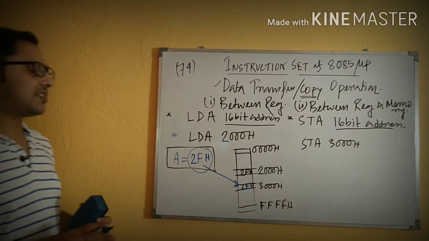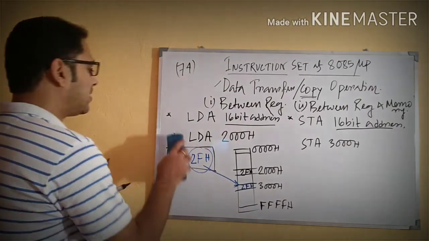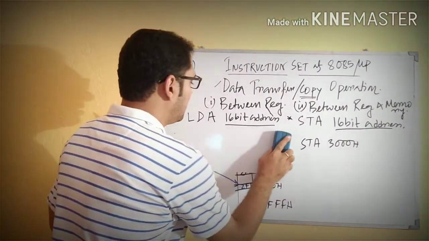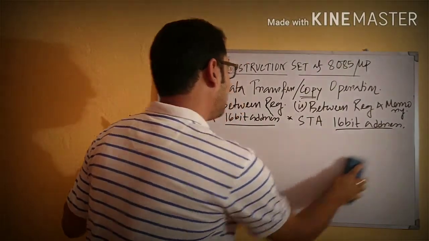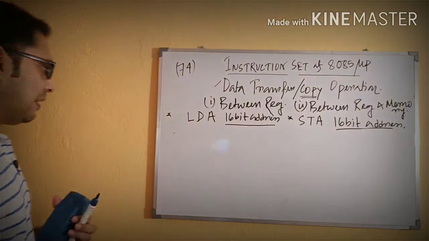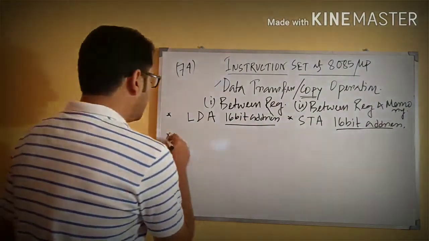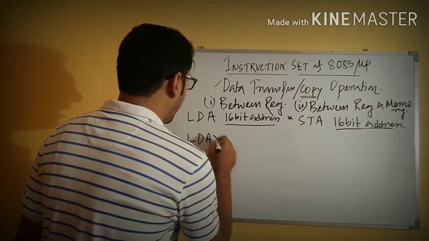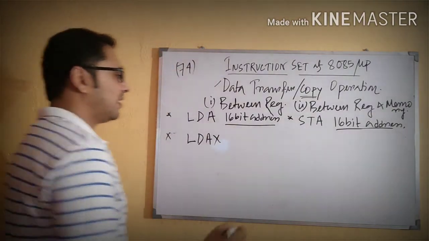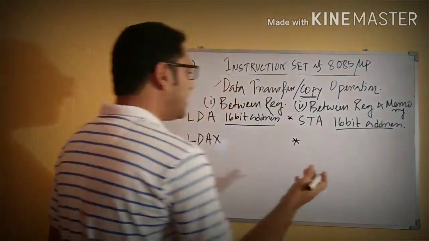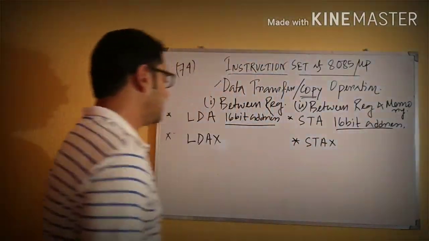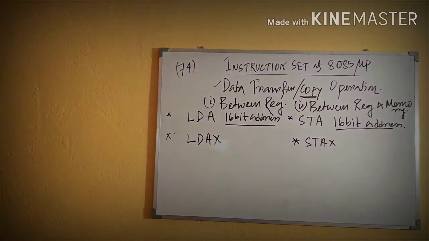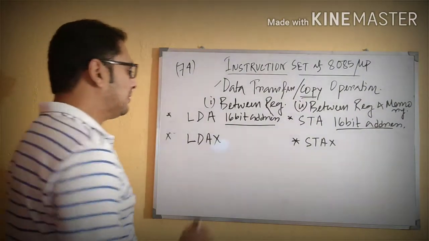So that is LDA and STA. That is the method of direct loading and storing. Now there is an indirect method as well. The corresponding instructions for that are LDAX and, for the indirect storing method, STAX.